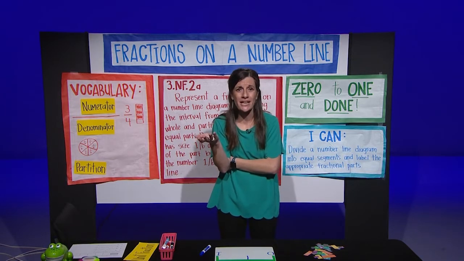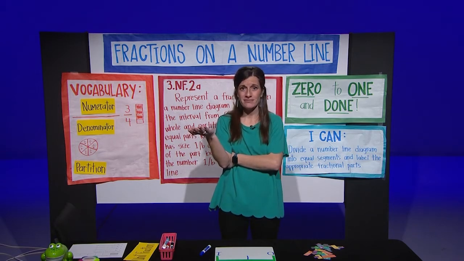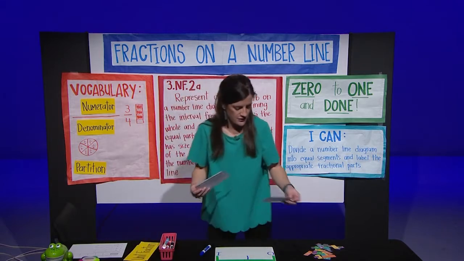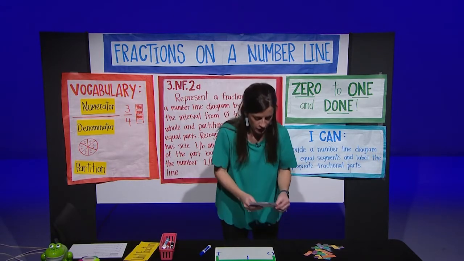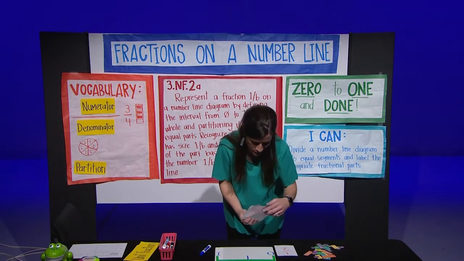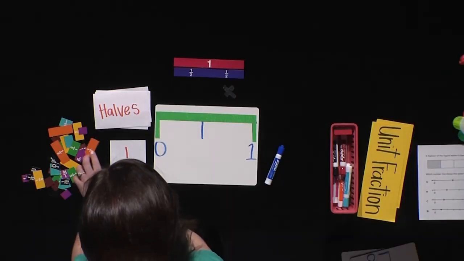Have you ever had to split half of your snack with maybe your baby brother or sister? I know my kids have. Halves is the first word that we are going to look at, and we are going to represent where 1/2 is on a number line.